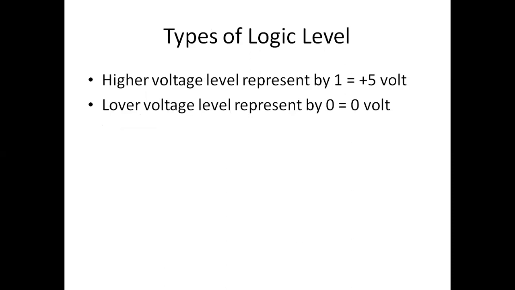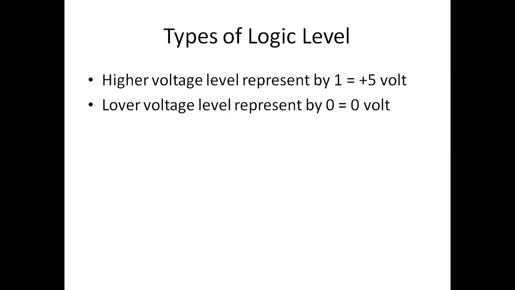Now we see the types of logic levels. In a digital system, we define two levels, a high voltage level and a low voltage level. The high voltage level is represented by 1, and the low voltage level is represented by 0. High voltage can be like 5 volt, 9 volt, 15 volt. So this is 1, and the lower voltage is 0.